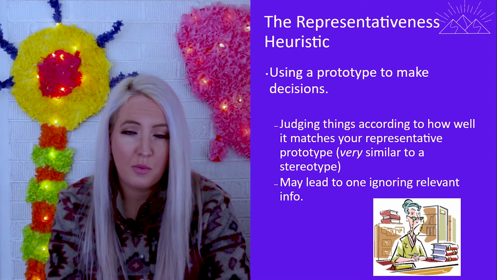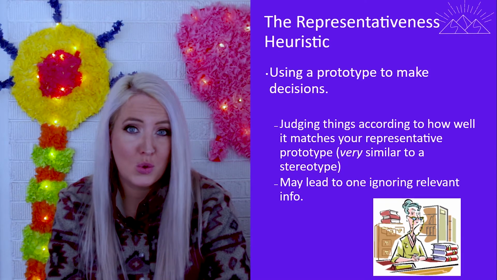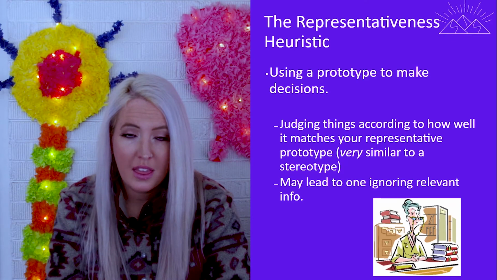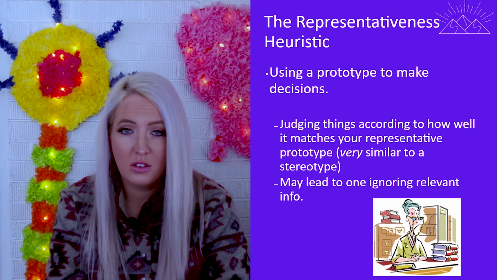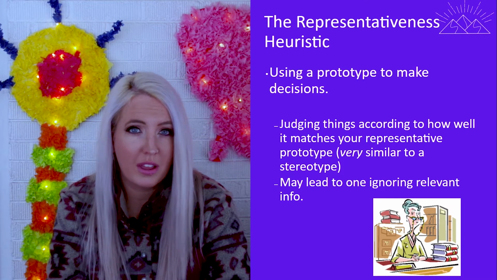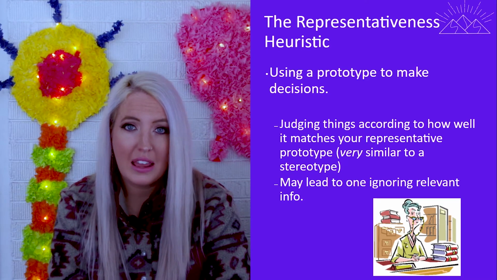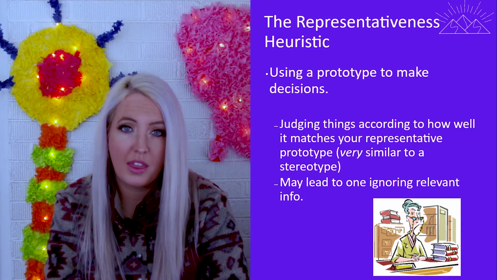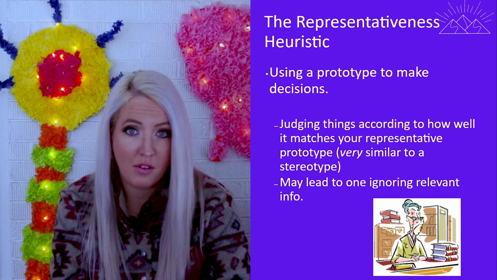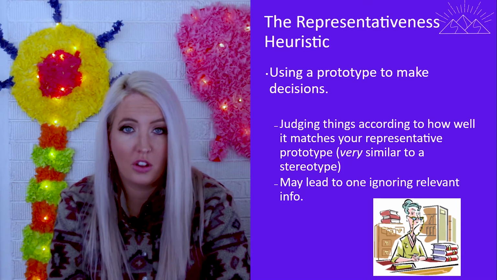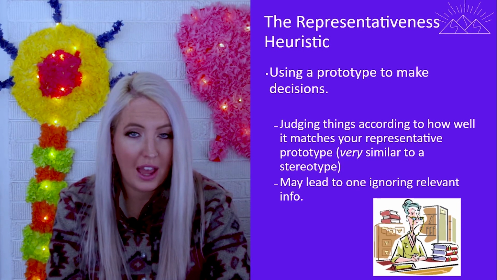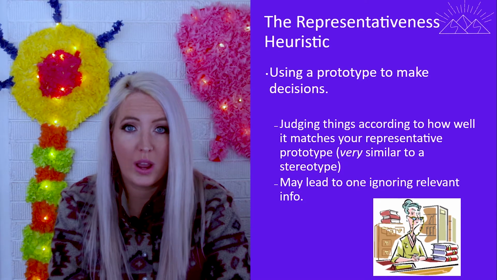So if we were to see someone walking down the street with a tweed jacket on and glasses, we might assume that they are a professor or a librarian or some type of academic career-related job because that image matches our prototype that we have in our minds for what a professor or a librarian or an academic looks like. So you can see how it's a rule of thumb, a shortcut that might not actually be accurate, but we're using information to try and quickly solve problems here.